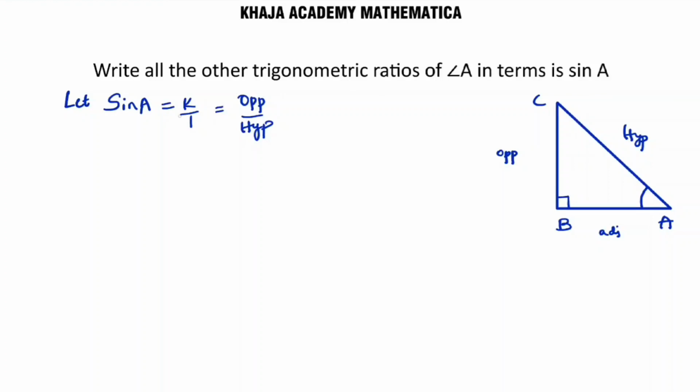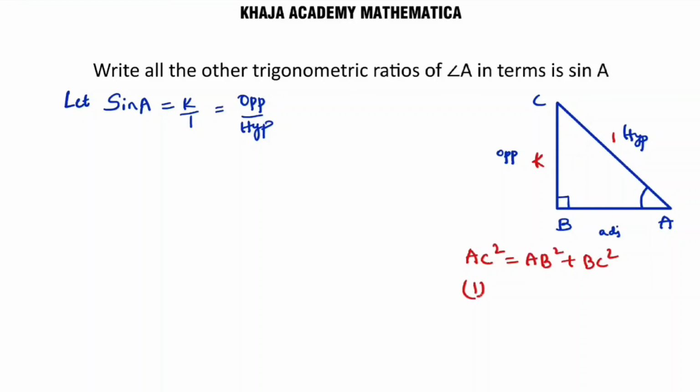So here I consider opposite as K and hypotenuse is 1, because I consider K, so I can write K by 1. Now I'll apply Pythagoras theorem to find AB square. AC square, hypotenuse square, equals sum of the squares of other two sides.